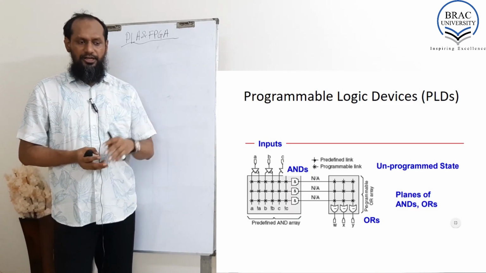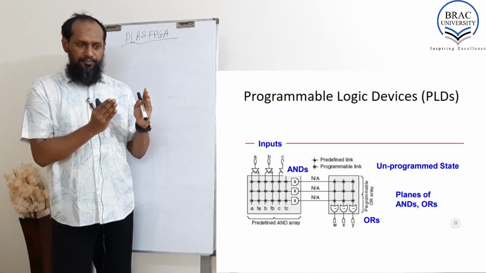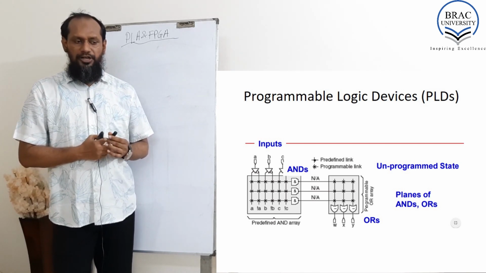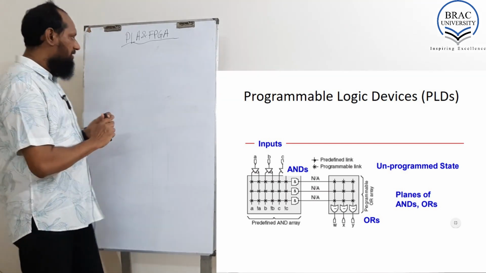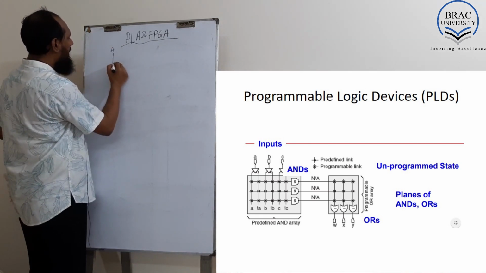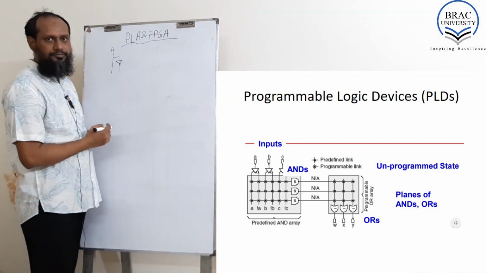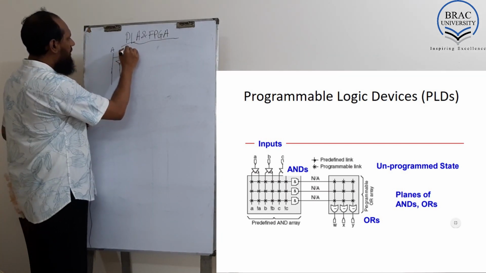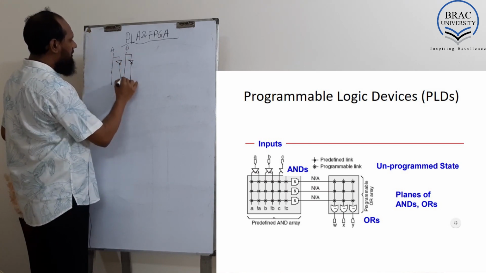So take a look here. On the left side, the inputs come to a unit where they have connections with all the AND operations, or AND gates. When an input is coming, like here, this is A, and also another input A dash. In the same way, B and also B dash.